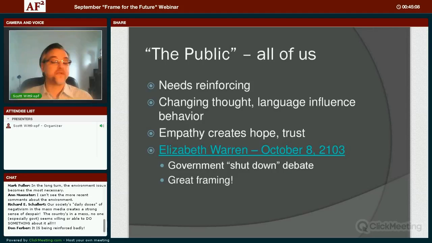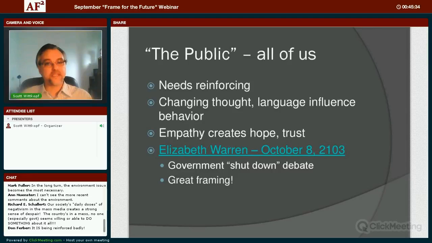And this is one of the reasons why I and some other people are pushing this idea that we've got to get a positive progressive frame out there. We have to communicate a positive vision. And when we talk about government, when we talk about the public, this is exactly the underlying theme, because it not only needs reinforcing, but it needs to start changing thought and influencing behavior.